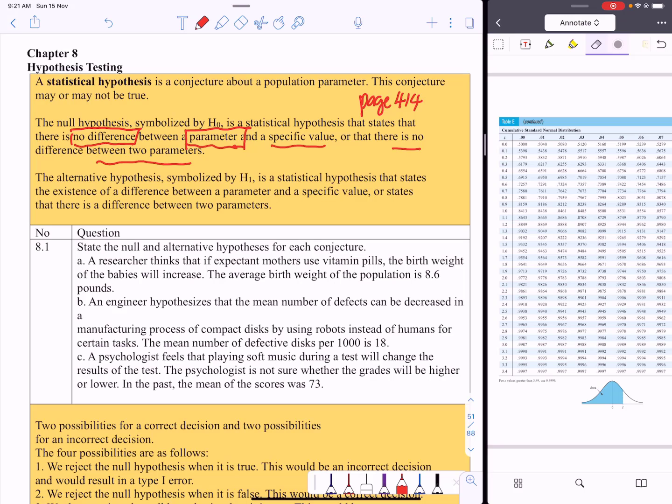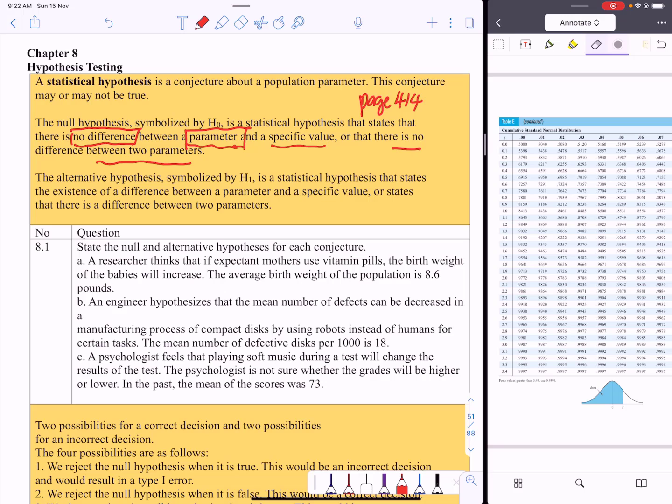Say the statement about the population is that the mean is 70, and the new statement about the sample that we take is about 71. Then we say there is no difference between the new statement and the old statement.